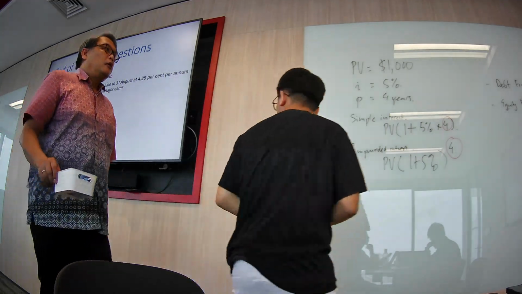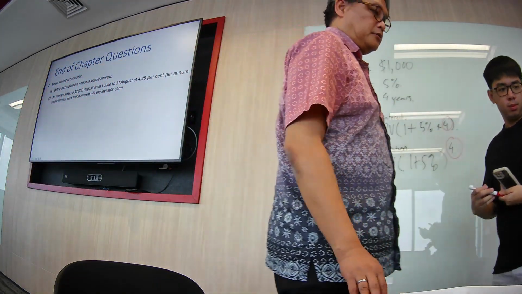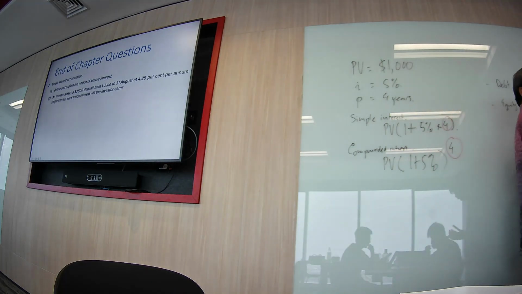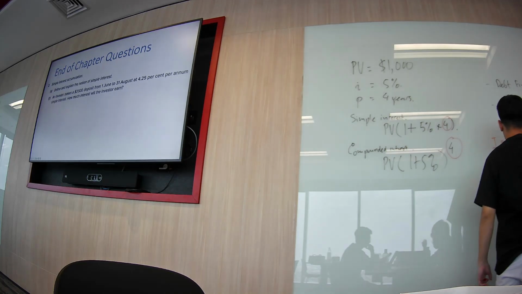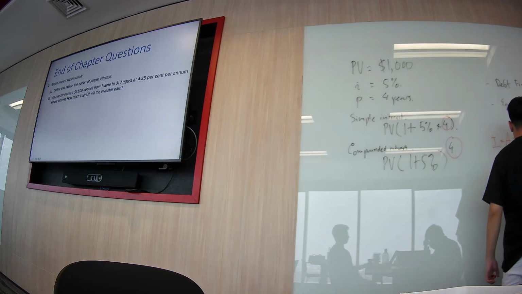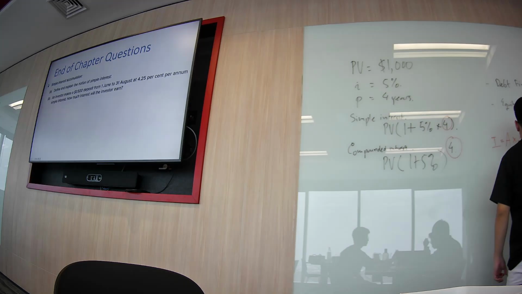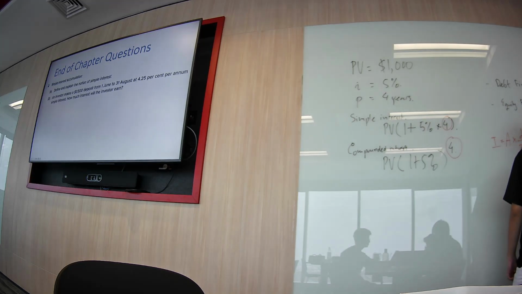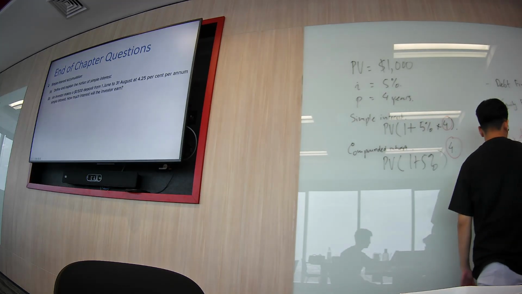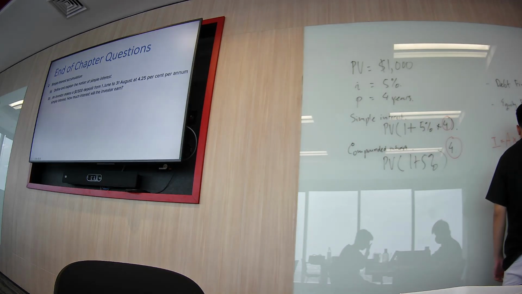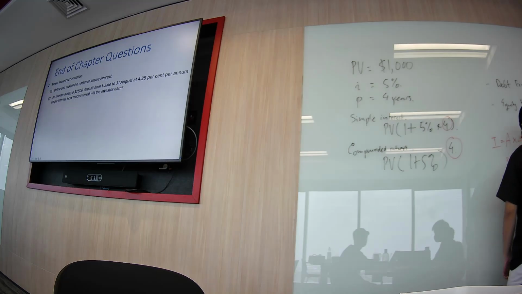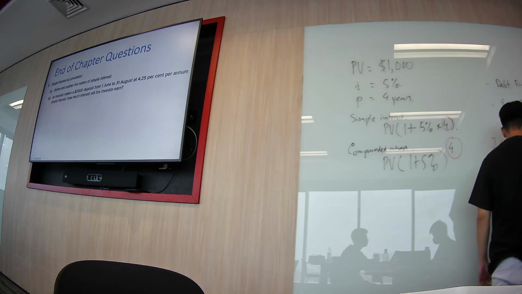We have to write the formula. Yes, please, the formula, how you do your calculation. So, 2,500, 40. 4.25 or 4.5?